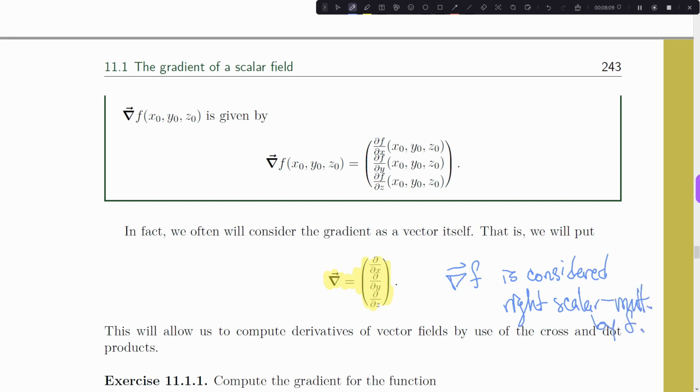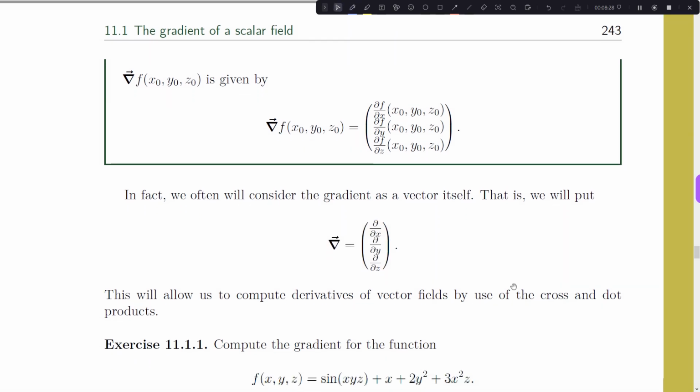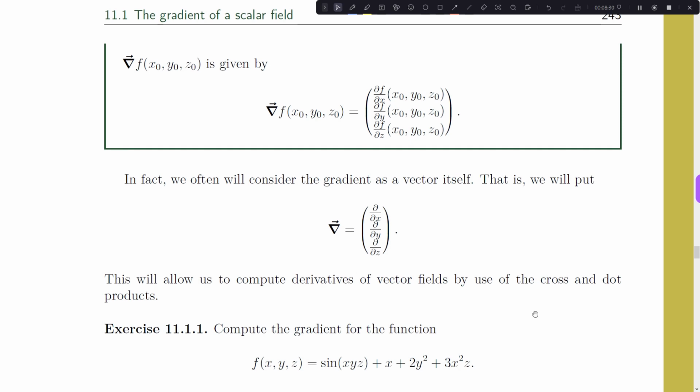It's like I was multiplying this vector of nabla on the right-hand side by f, and then the derivatives act on f and give me my gradient above. I think it's perfectly fine notation. Some people don't like it, but let's keep in mind that we can consider it as a vector itself. And now let's actually compute the gradient of a scalar field.